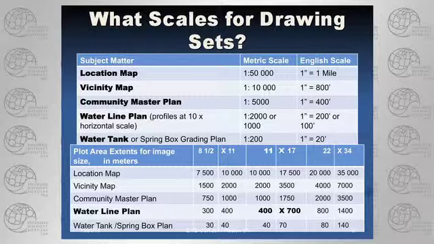The key drawings that you need in a set are location maps that might cover a very large area, a vicinity map, a community plan, and a waterline plan. So those are different scale factors that you might consider in developing how to prepare different drawings.